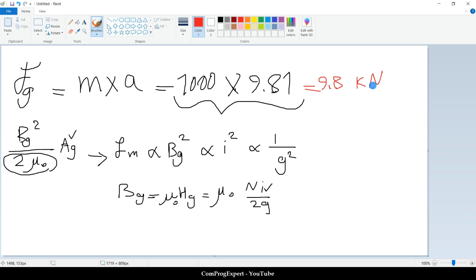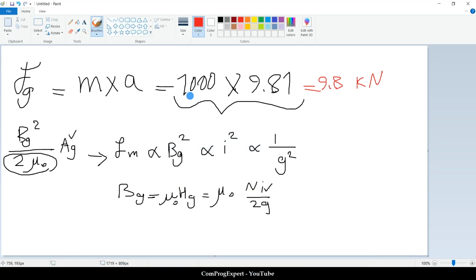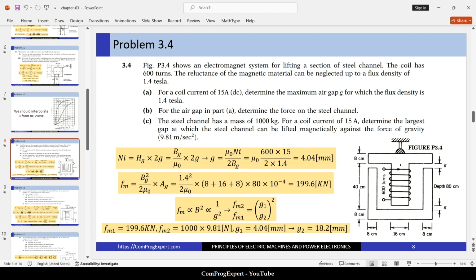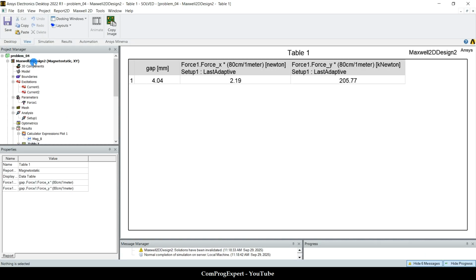If we are going to lift up this steel channel with this mass, 1000 kilograms, we should apply this force. The maximum air gap thickness that is possible to generate this force is this one, 18.2 millimeters.